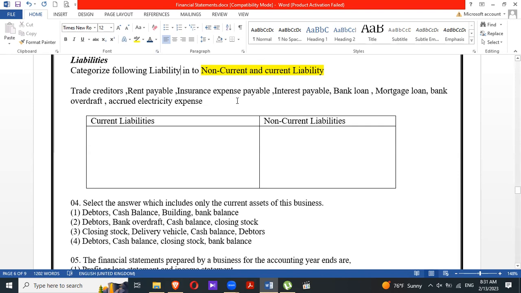I'll give you 2 minutes. Current liabilities means the liabilities which are available in the business less than 1 year. Non-current means liabilities which are available in the business more than 1 year.